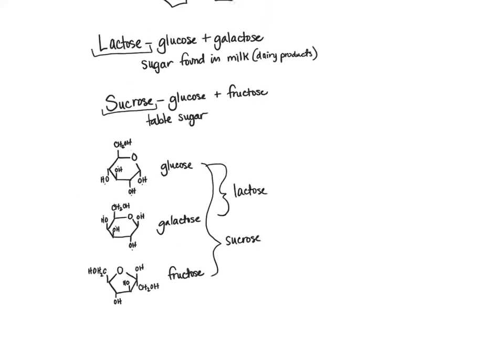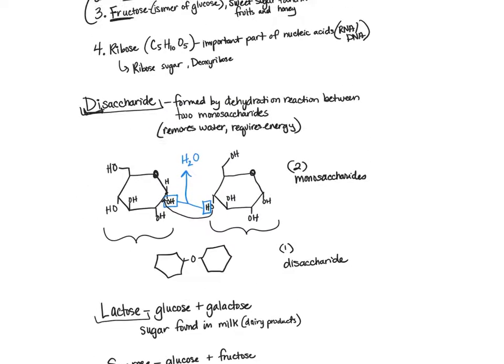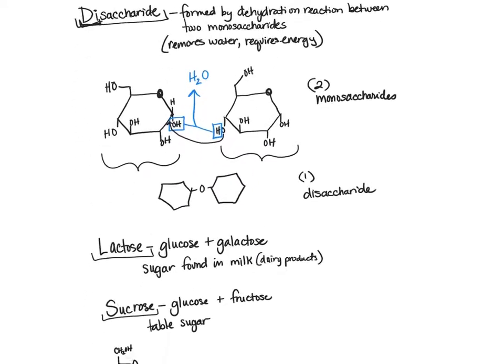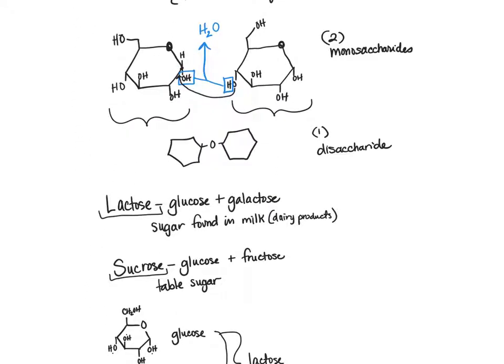So then, as we said, if we take our monosaccharides right here, and we want to turn them into a disaccharide, right? This was our dehydration reaction, which is what we have drawn over here.